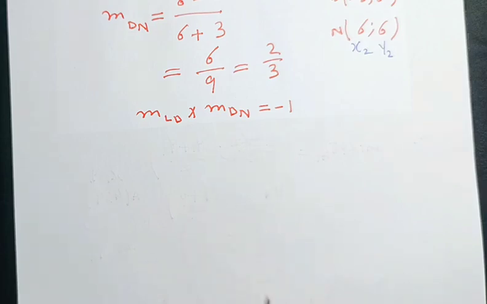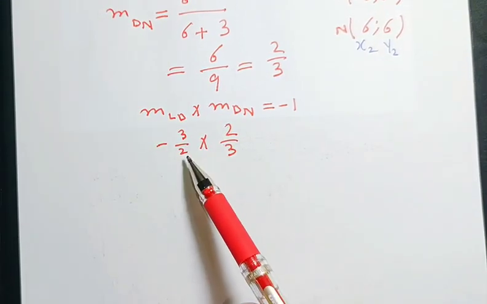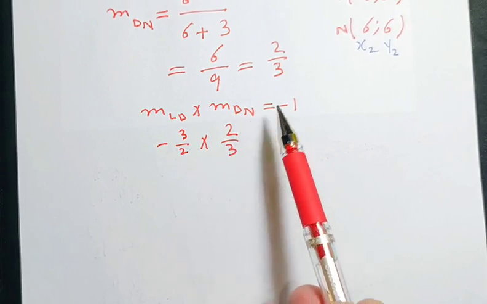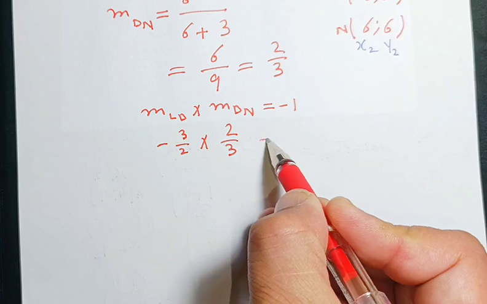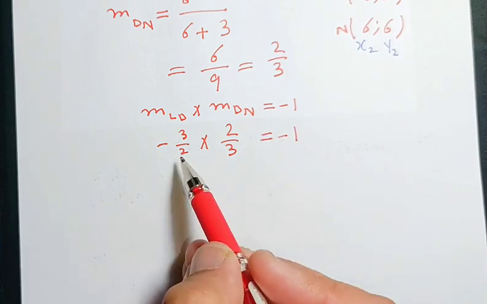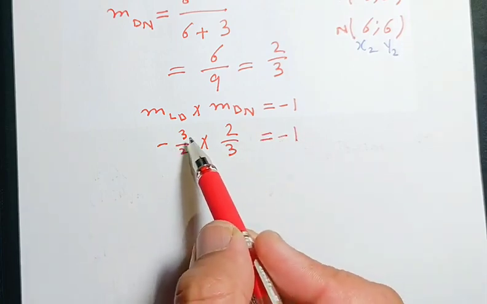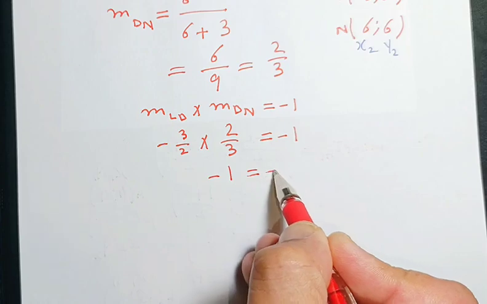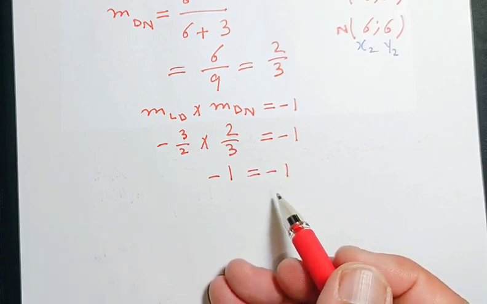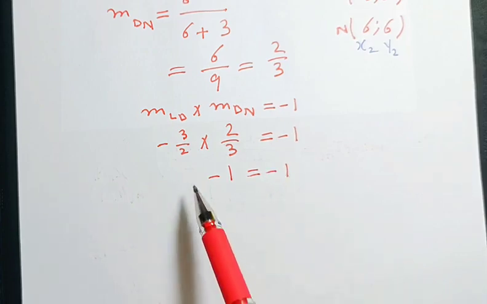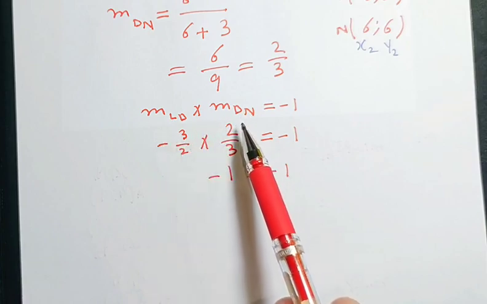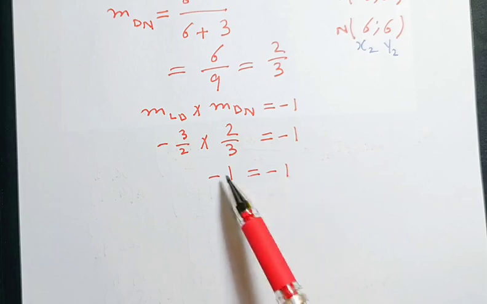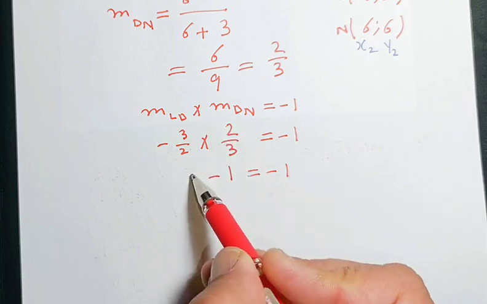MLD is -3 over 2 multiply MDN is 2 over 3, and they must be equal to -1. And you can see this is going to cancel out, 2 cancels out, only -1 is left. -1 equal to -1, left hand side equal to right hand side. So which means when you multiply both gradients the answer is equal to -1. You can see here the answer is equal to -1.